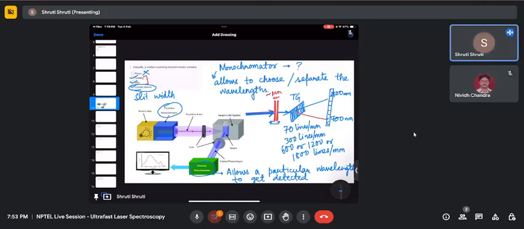So we try to keep the slit width around 5 nanometer or lesser than that.